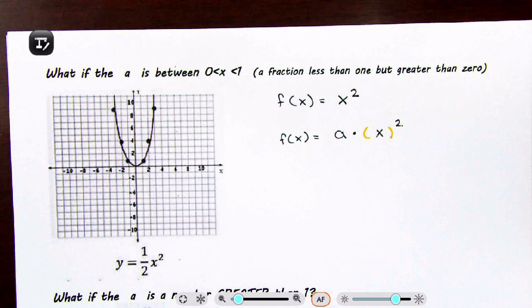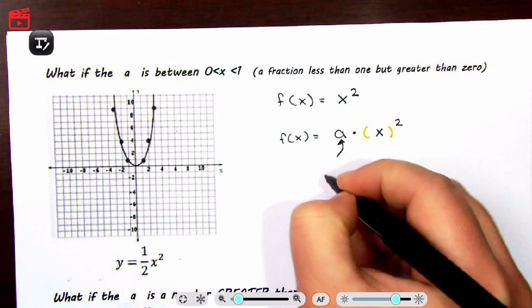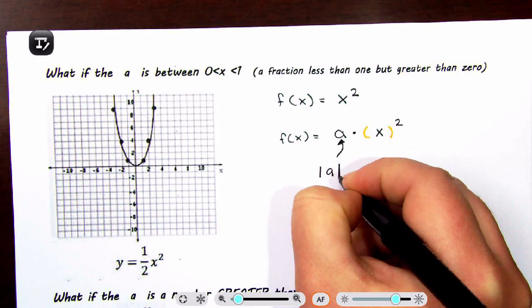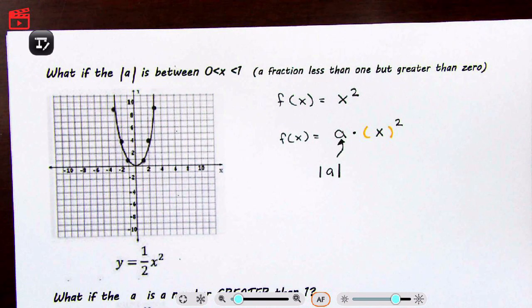So it all depends on the size of a and what you see. We want the absolute value of a right here. So a needs to be absolute value. We need it to be between 0 and 1. Now what we're thinking is like a fraction. If it is a fraction less than 1, then it's going to get a vertical compression.